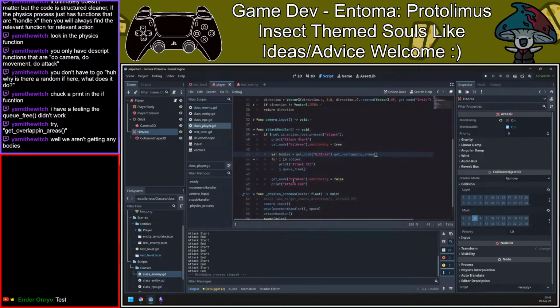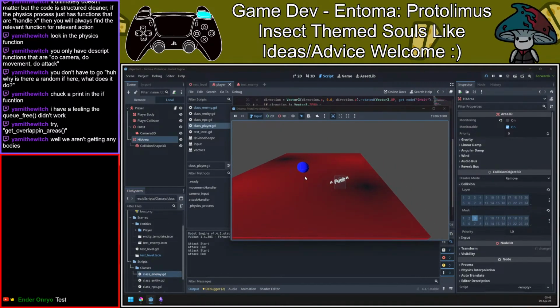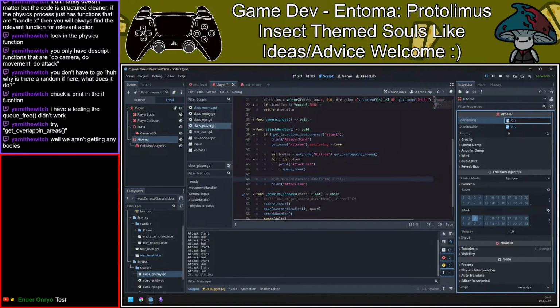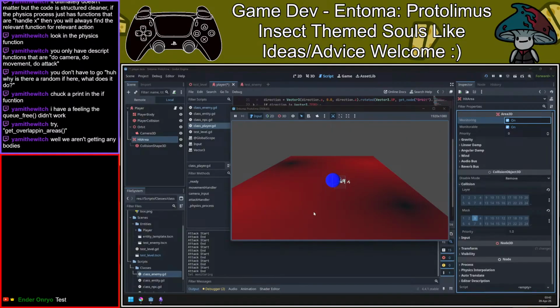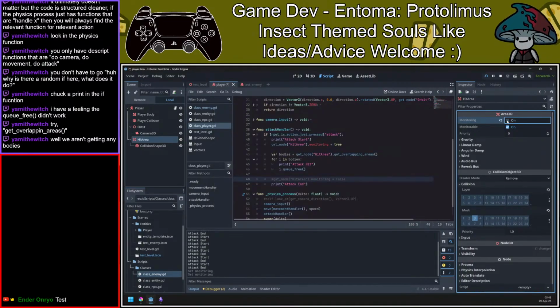Okay, here's an idea. Let me go ahead and turn that off. Okay, the collision is not being enabled. Like, just full stop. Oh. Now it's on. It's not doing anything.